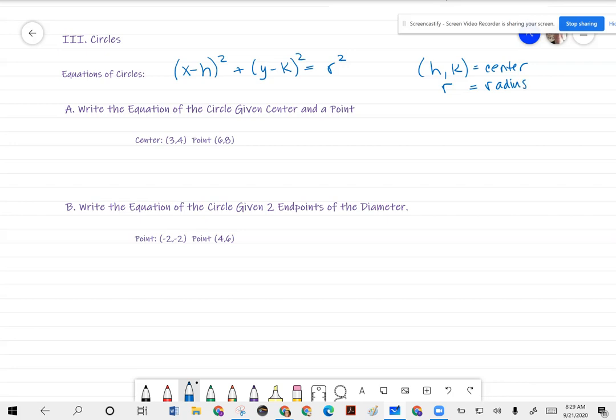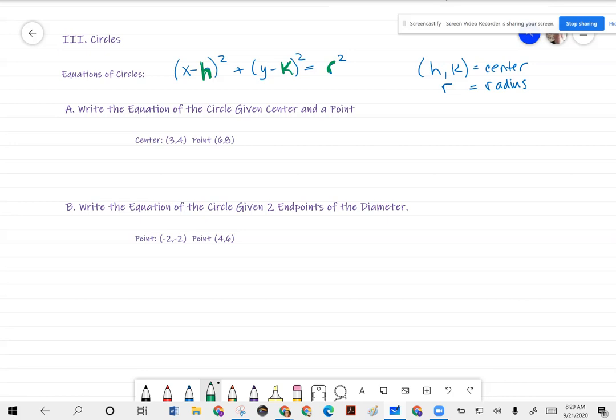The only things you're going to be changing are the h and k once you find the center, and this number right here. You'll change those and then simplify as much as you can.